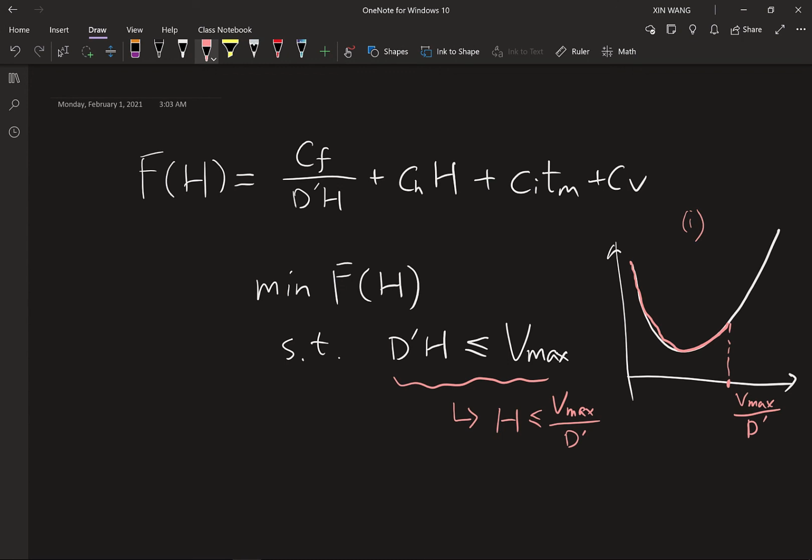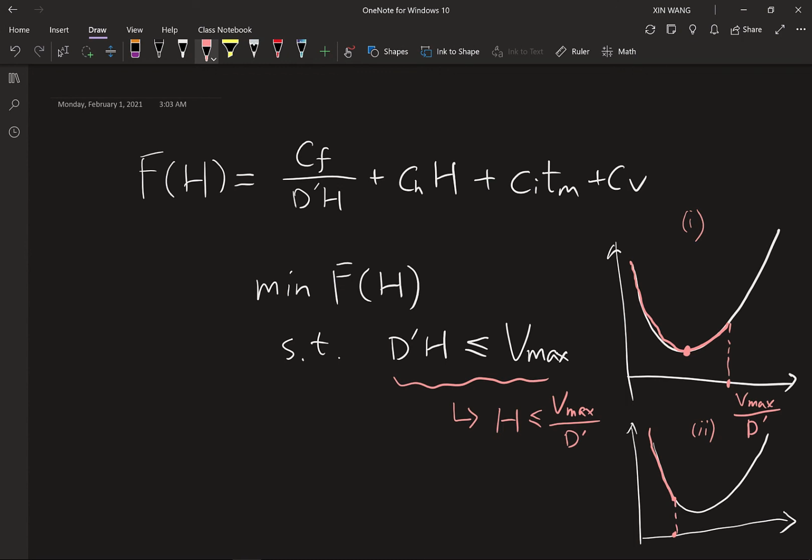This is exactly the same as our previous problem, where we find the optimum solution based on the first order condition. However, in the second case, if the capacity of the truck is small, then our optimization problem needs to find the solution within this range.